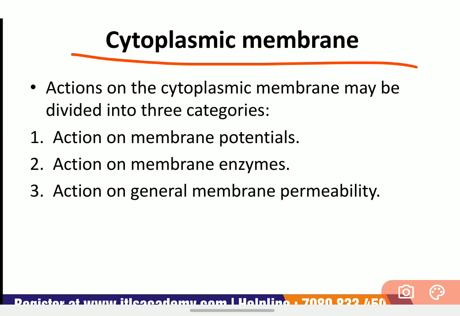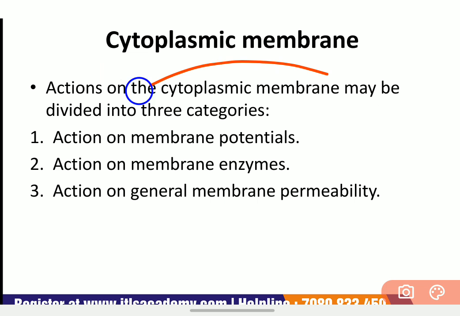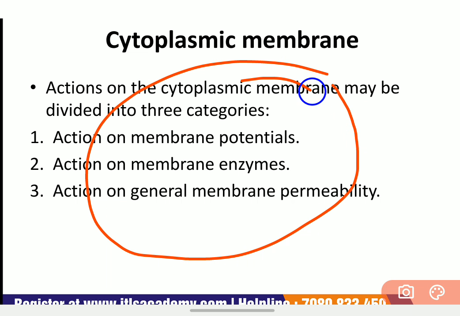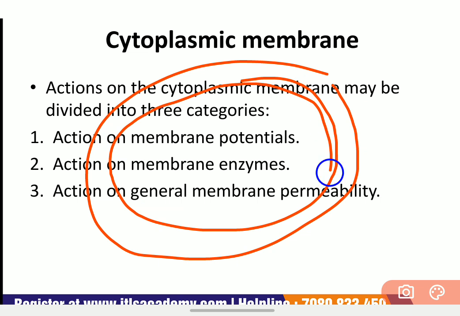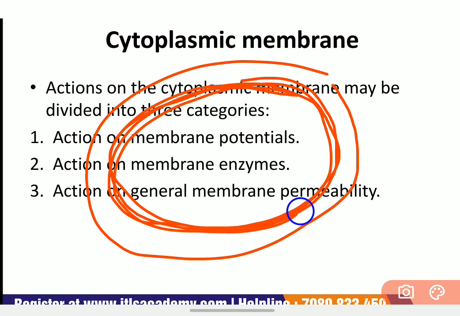Cytoplasmic membrane. The cytoplasmic membrane is a membrane found inside the cell wall. It allows selective passage of things.